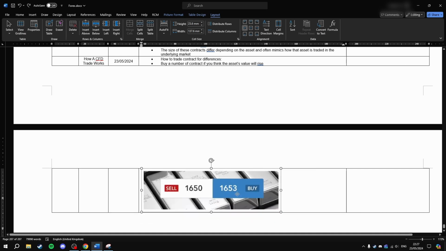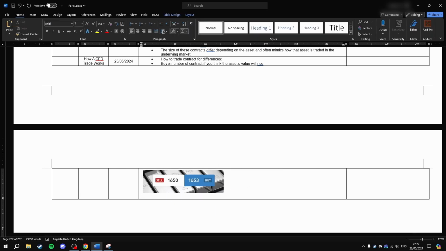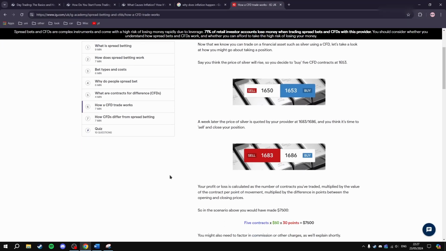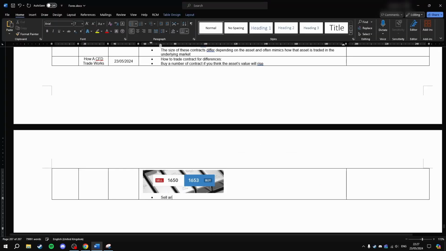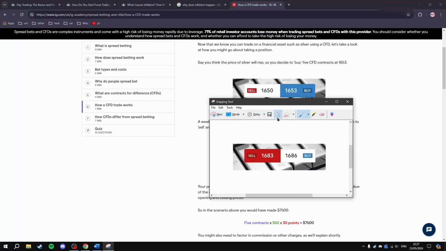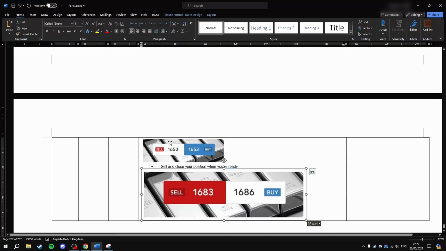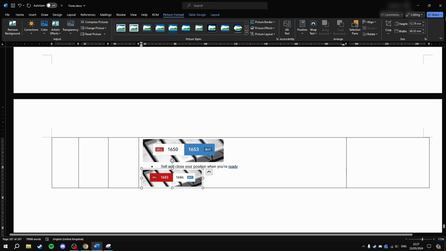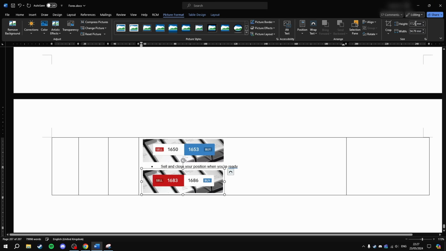And then sell and close your position when you're ready.